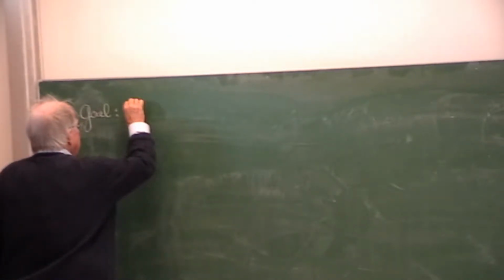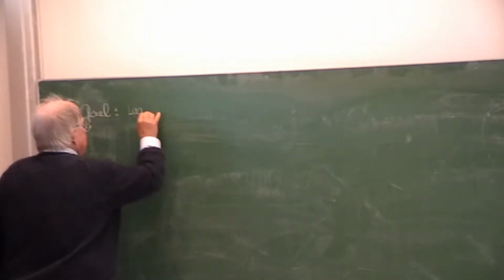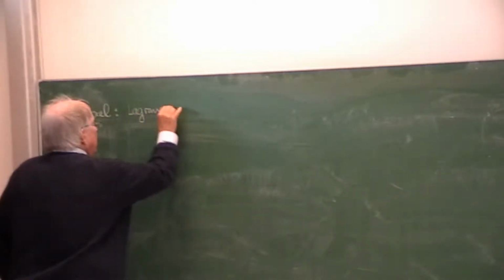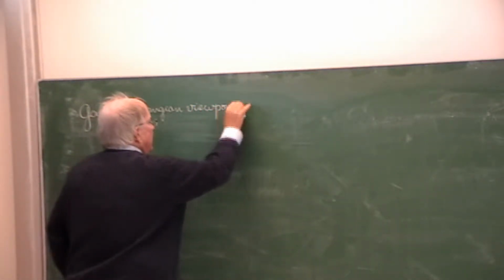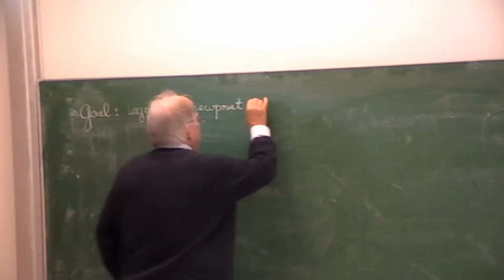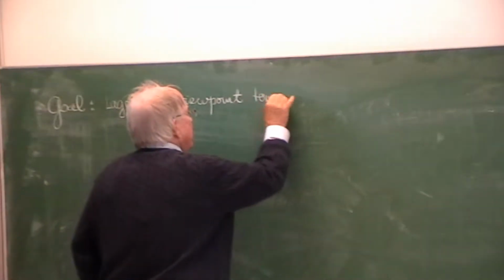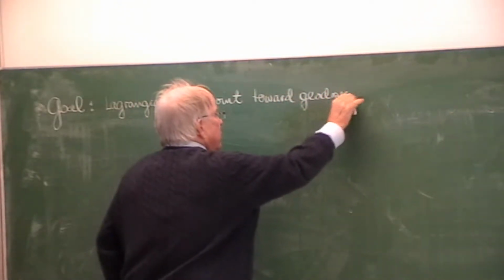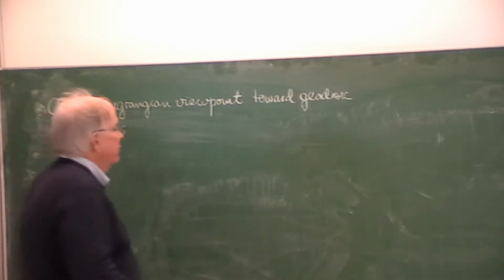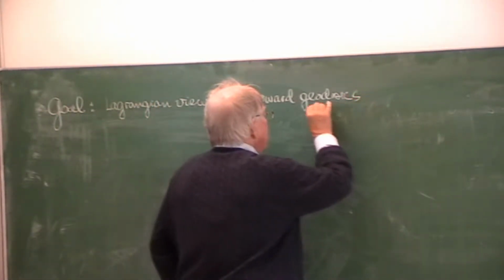So the goal of this lecture is to discuss the Lagrangian viewpoint toward geodesics, which we showed this morning was equivalent to the length functional being minimized by critical points, geodesics.